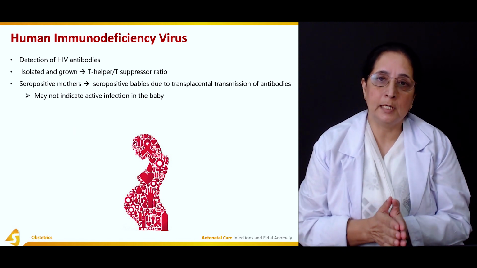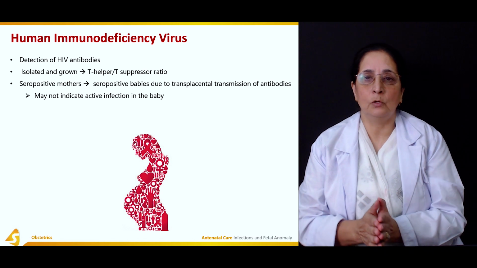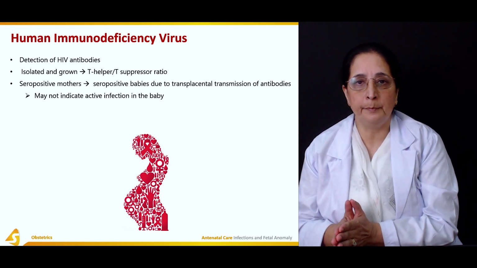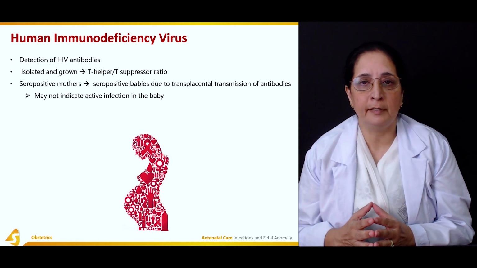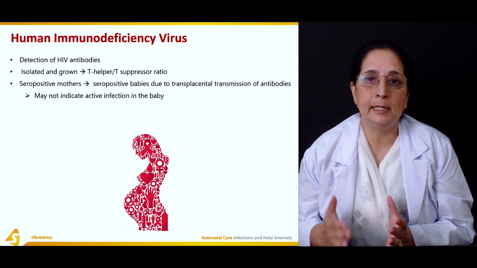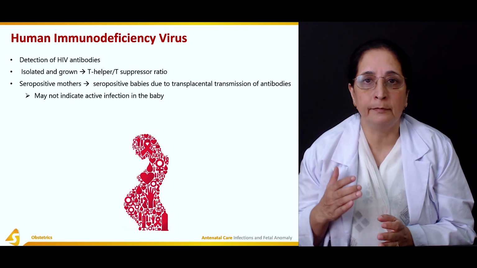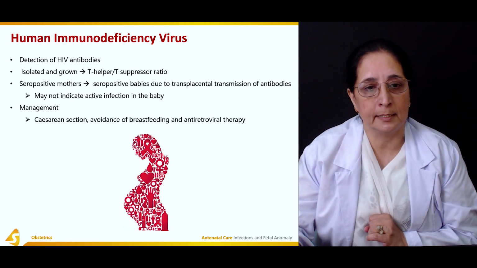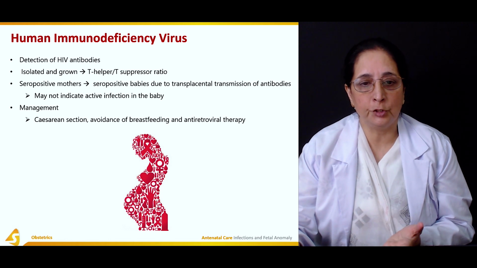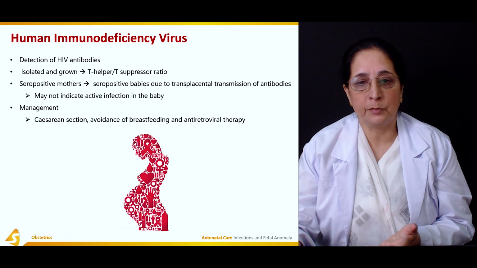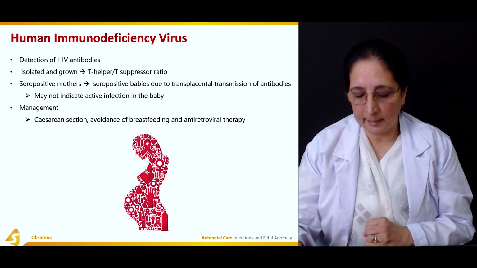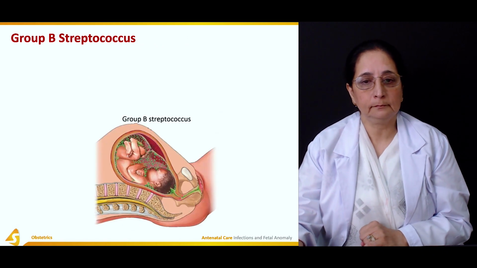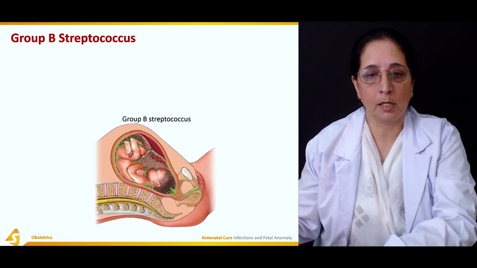So if antibodies are present in the mother, they go through the placenta into the baby. That makes the baby also seropositive for HIV antibodies, but it doesn't mean that the baby has active HIV or AIDS. Management: delivery should be by C-section, avoidance of breastfeeding, and treatment by antiretroviral therapy.